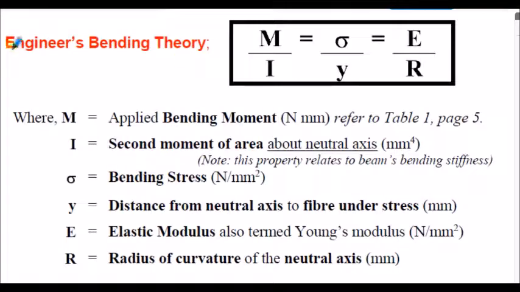Here's engineer's bending theory, stated without proof, where capital M is the bending moment that's applied to the beam, and within this presentation we will calculate that from standard tables. The I in the equation is the second moment of area about the neutral axis, and that relates to a bend stiffness property. The lowercase sigma here is the bending stress.